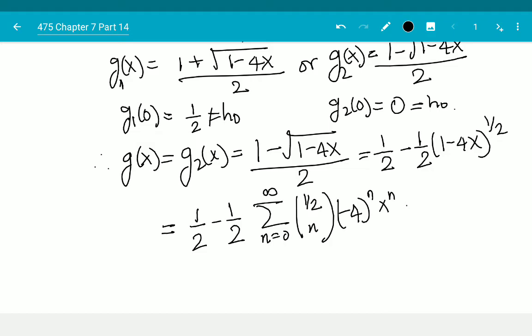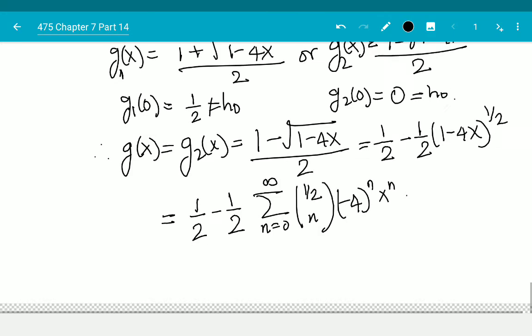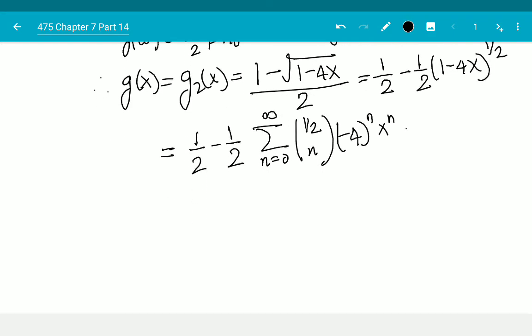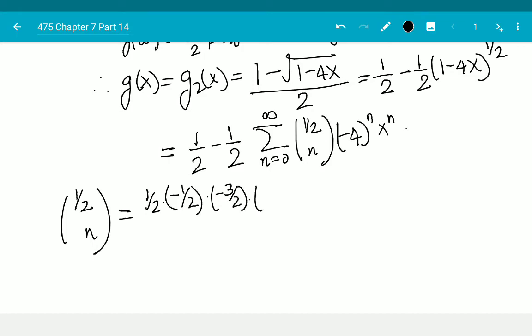And now what I'm going to write is slightly different. So look at 1/2 choose n. Well, this is equal to 1/2 times negative 1/2 times negative 3/2 times dot dot dot negative (2n minus 3)/2, all over n factorial.